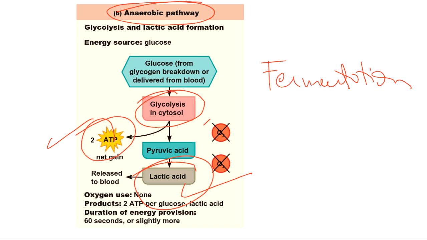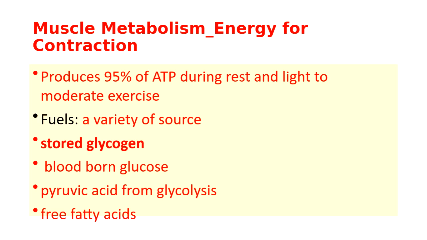So sustained strong muscle contractions is going to force us into an anaerobic pathway in which our muscles are going to run out of energy very quickly and accumulate waste. So we're not going to be able to sustain that kind of strenuous activity for very long. But the good thing is that we can sustain it for a little while in the absence of oxygen, which is a tremendous advantage compared to other cells that cannot do that.